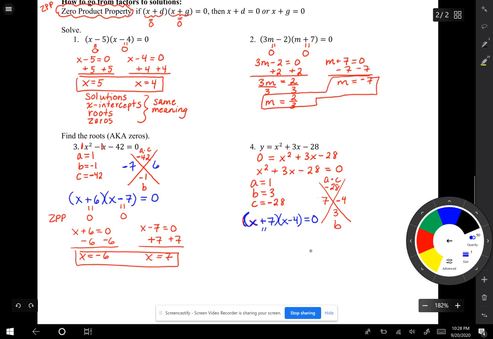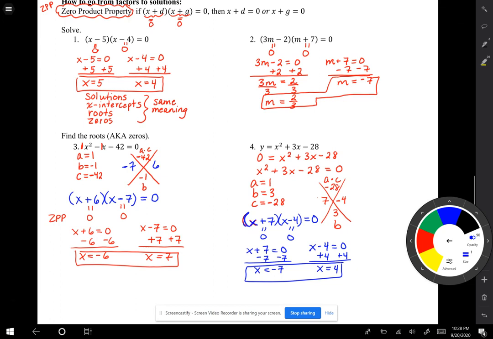Since you have an equal sign, you know you're asked to solve. Write your two equations, and then subtract on this one, on the lefty side, and add on the other one. And those are your two solutions, or zeros, or x-intercepts, or roots, all meaning the same thing.